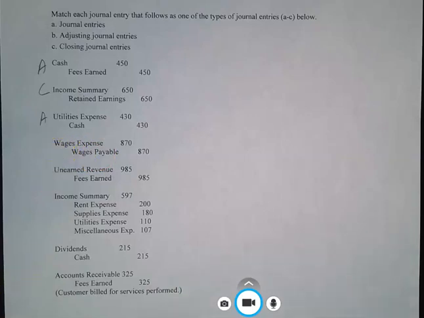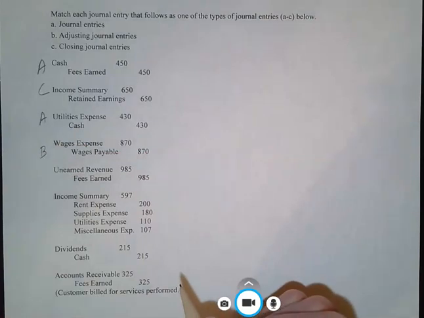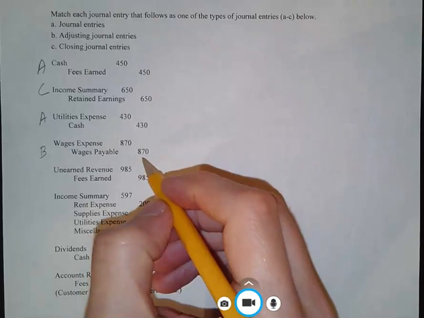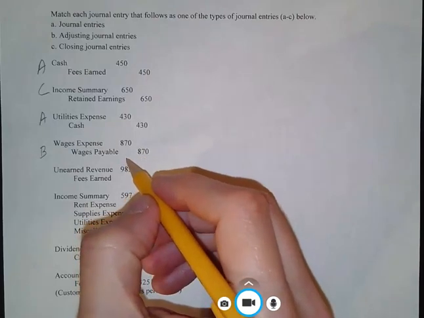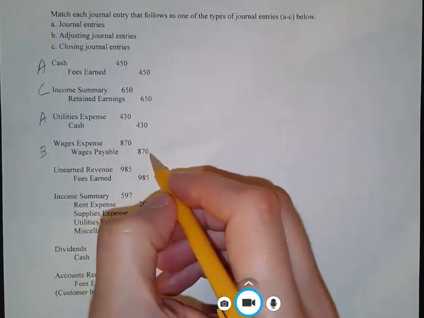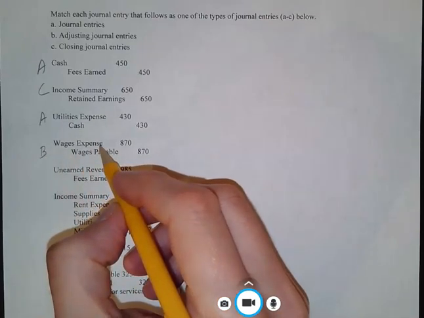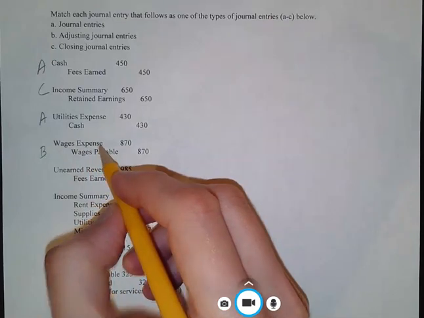So what we're going to do then is we're going to place a B right here. So just to give you an idea, as we've gotten to the end of the period and we've recognized, hey, we owe $870, but it's going to actually be paid in the next period. So we have to make sure we make this adjusting entry so that our expenses over on the income statement are properly stated. Okay?